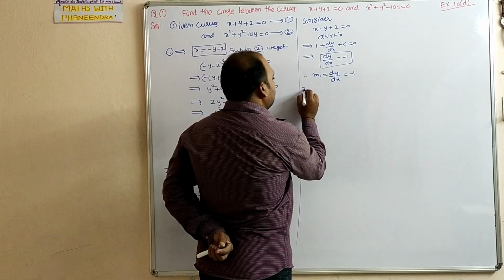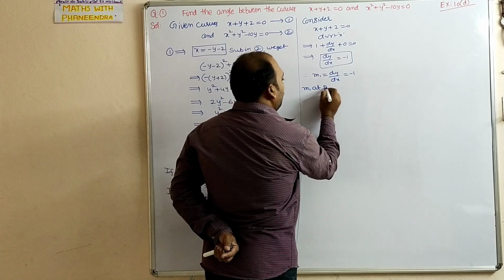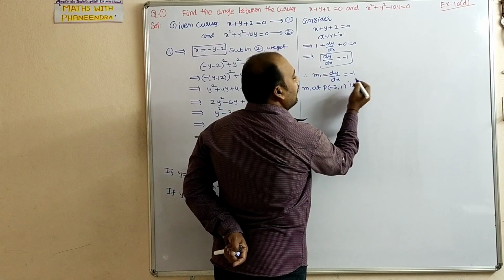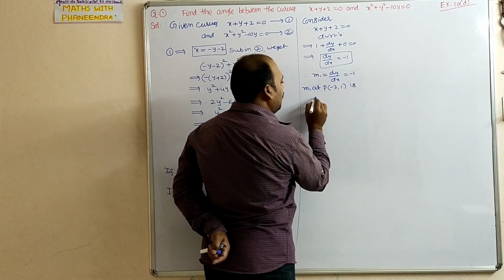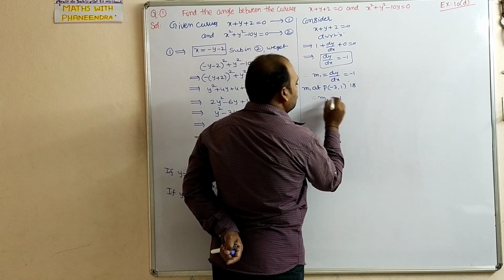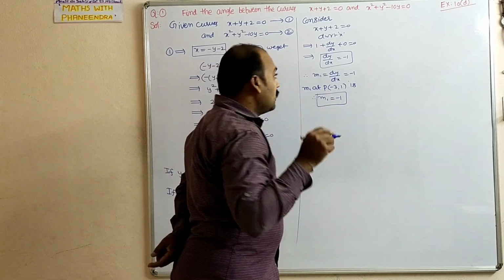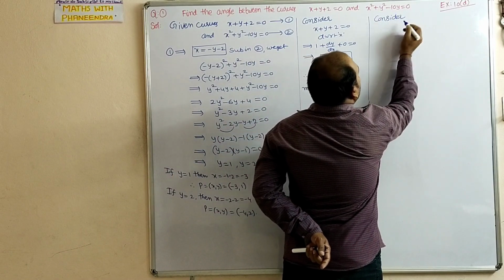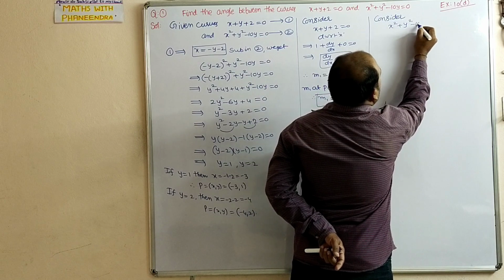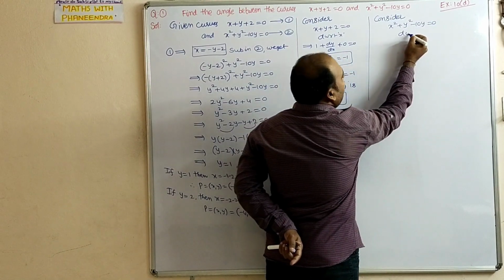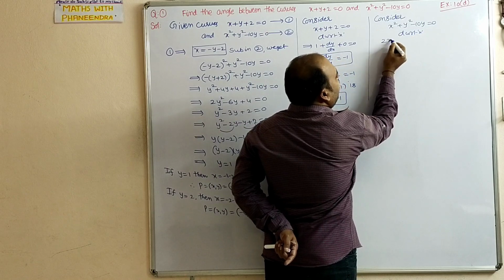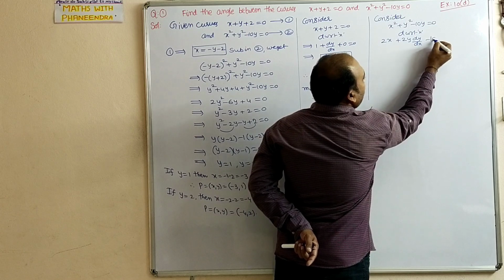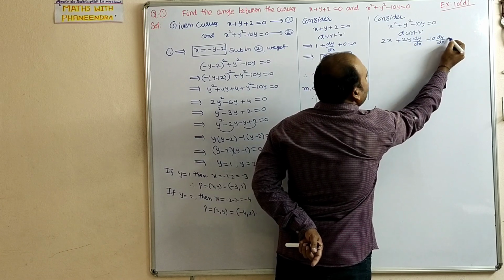So m1 at first case, m1 at P of minus 3 comma 1, wherever x comma y is not there, means you can write directly. m1 is equal to minus 1. Similarly, consider the second curve, x square plus y square minus 10y equal to 0. Differentiate with respect to x. x square derivative is 2x plus y square derivative is 2y into dy by dx minus 10 into y derivative is dy by dx equal to 0.